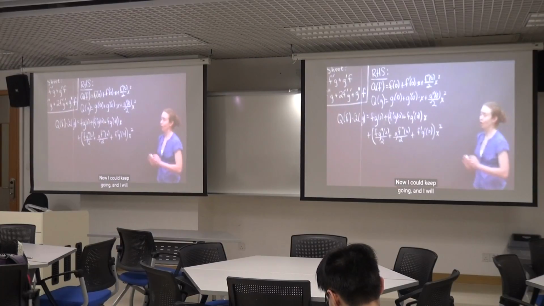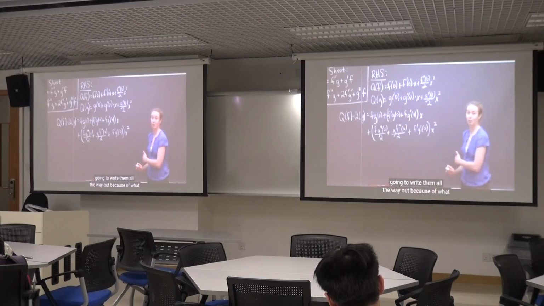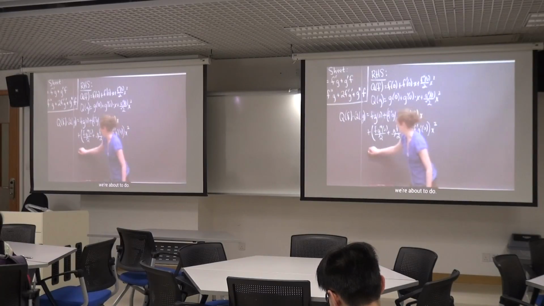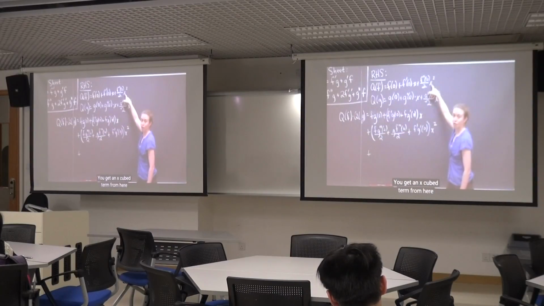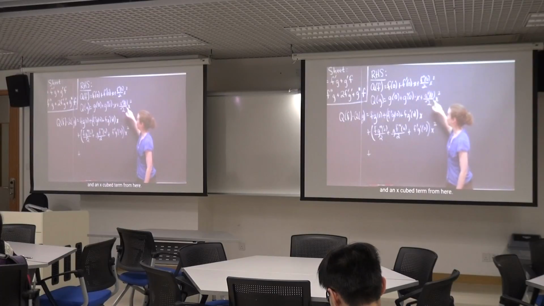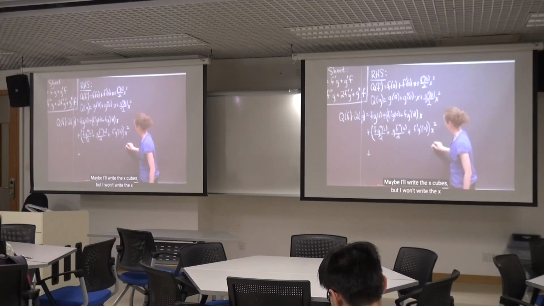Now, I could keep going, and I will mention the higher order terms, but I'm not going to write them all the way out because of what we're about to do. Let me show you where they come from. You get an x cubed term from here, and an x cubed term from here. Maybe I'll write the x cubes, but I won't write the x to the fourth.